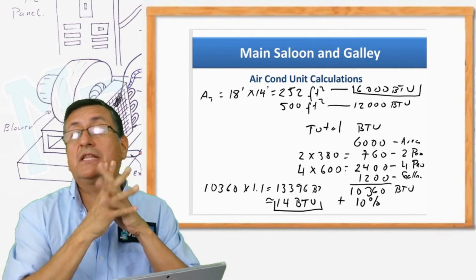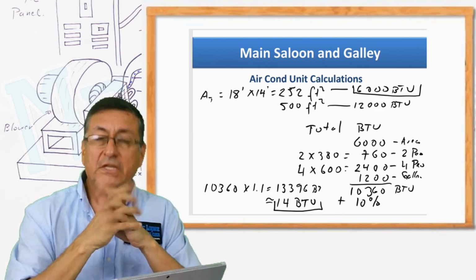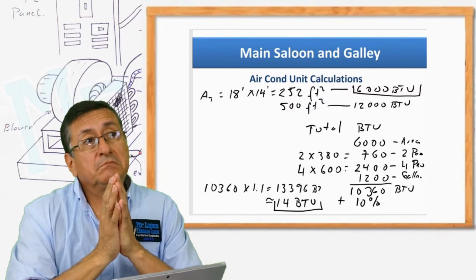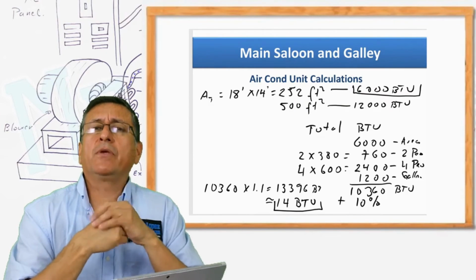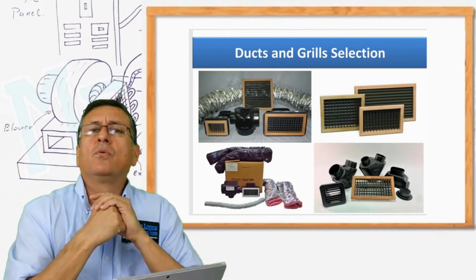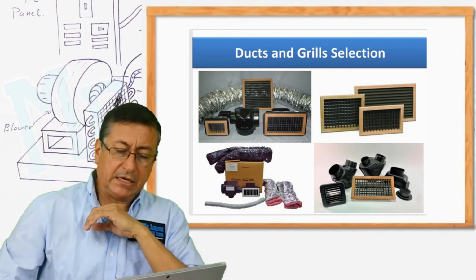you select the unit, and now you need to install the ducts and the grills. The ducts and the grills are a little different for marine applications, because basically the ducts and the grills are with the frame in wood, not in aluminum, like this.